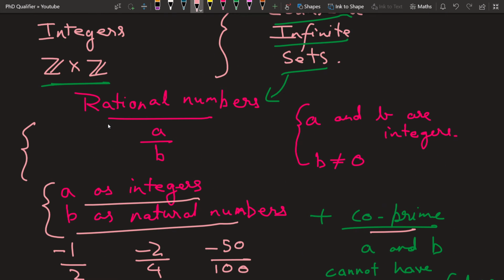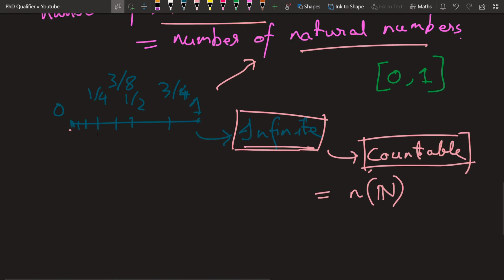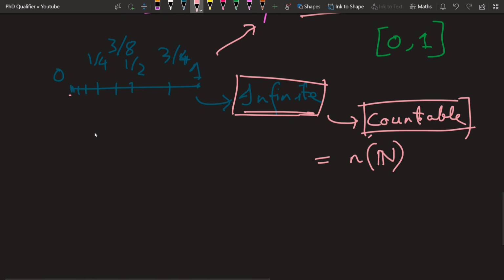We cannot represent them as a division of integers, and so those numbers will be non-rational numbers, or irrational numbers, and irrational and rational numbers make up this whole line, which is called the real numbers, that we will see in some other video.